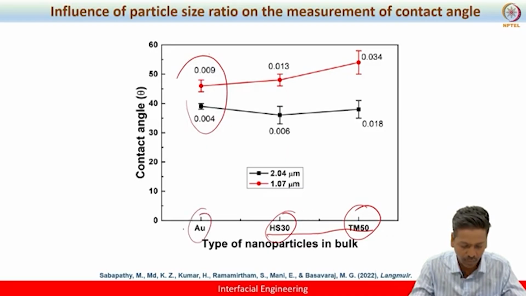So the accuracy of the gold nanoparticle deposition is better than these two methods. It comes to say that the smaller the nanoparticle size that we employ, the better the accuracy of the contact angle measurements, right?